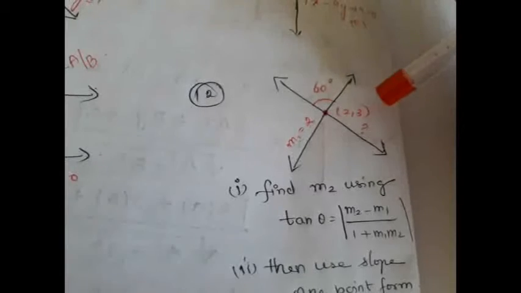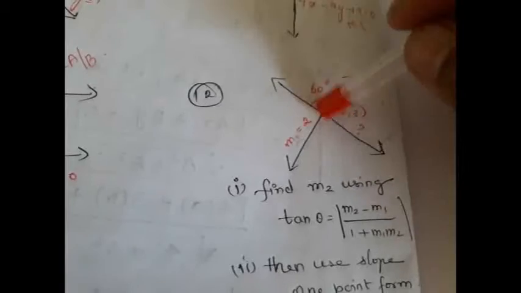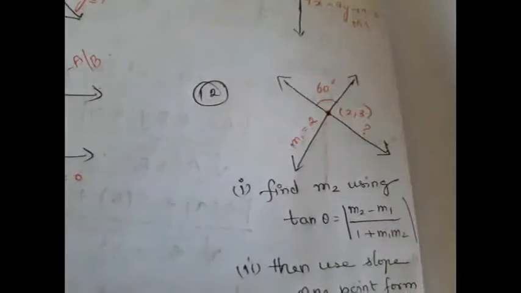Okay, so how can we solve it? We need to find the equation of this line. And since both lines pass through the point (2, 3), we got a point on the line now. And if we find its slope, we can go with slope-one-point form.